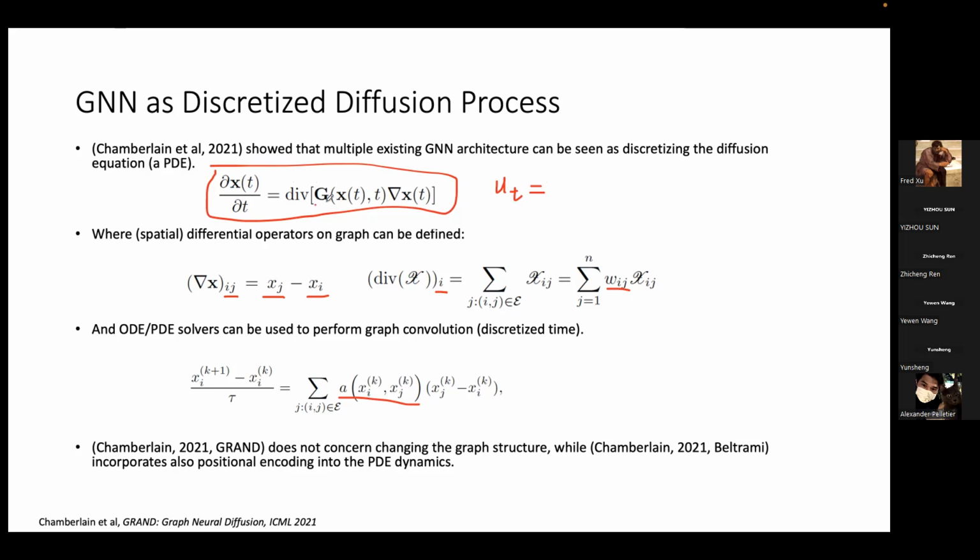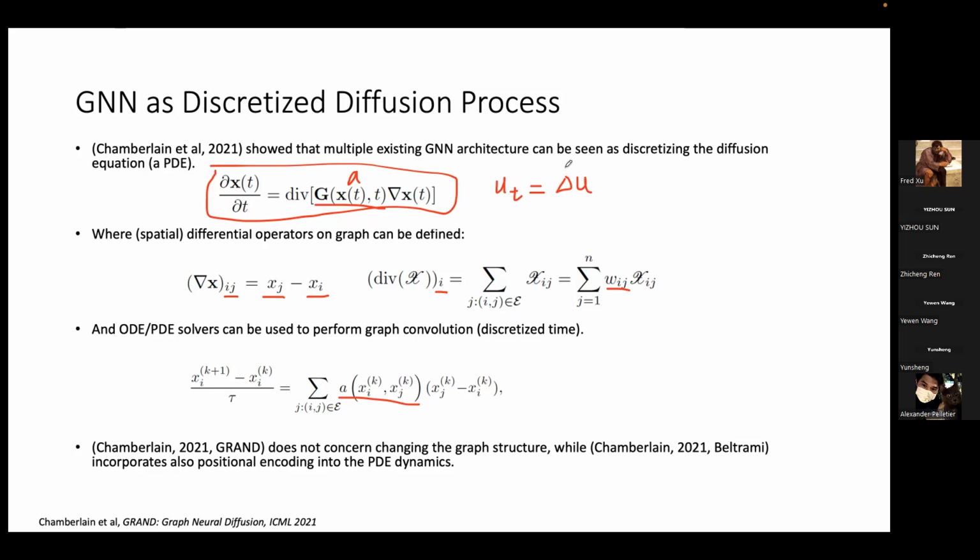If G here is 1, or a scalar, then the divergence of the gradient is the Laplacian. This is the simplest case, called homogeneous diffusion. It is similar to what we have when we have a spectral understanding of graph convolution, right? We think about graph convolution as this Laplace operator on the nodes.